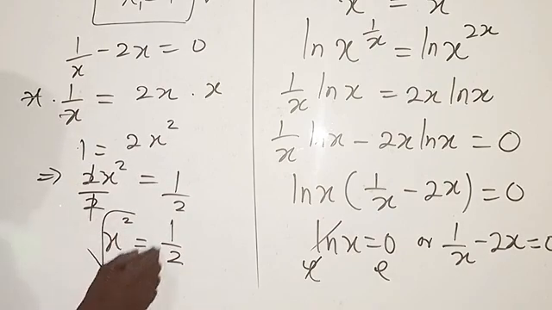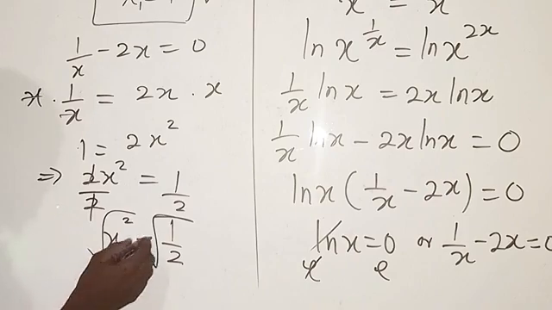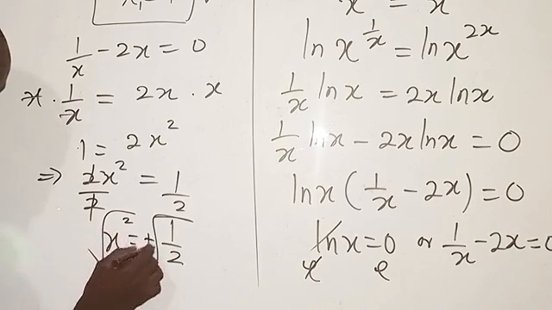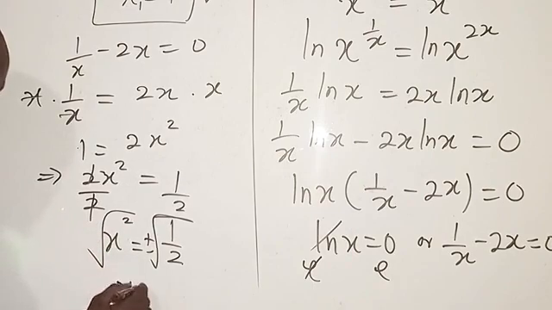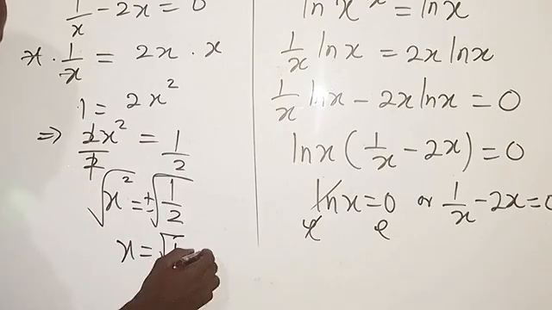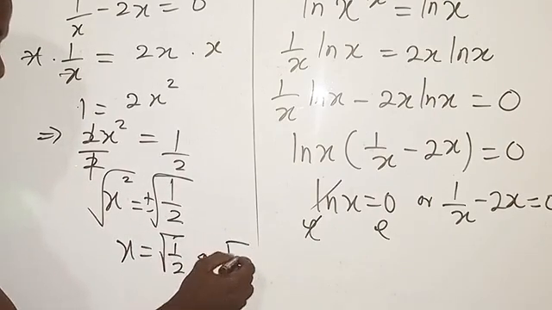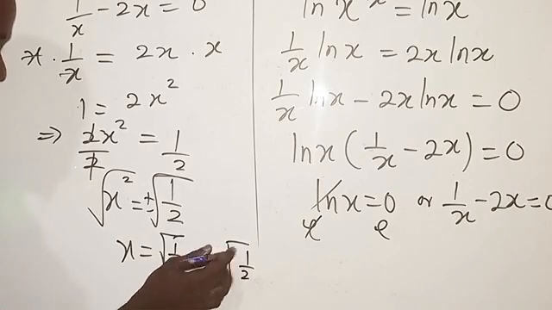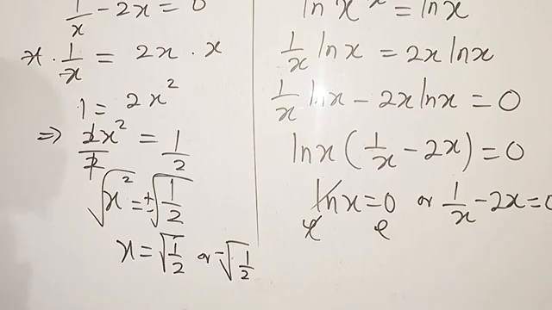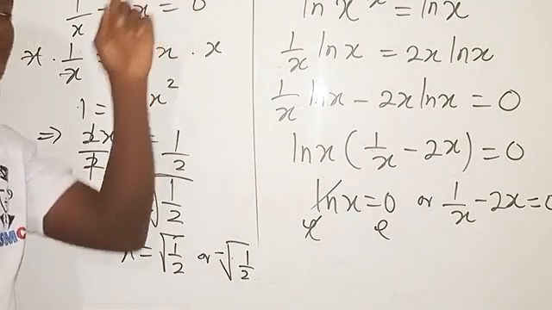So now taking the square root of both sides, don't forget the plus or minus. We cancel the square root, and we're going to have x equals the square root of 1 over 2, or the square root of minus 1 over 2. Minus is here. So now we would have even gotten three solutions.